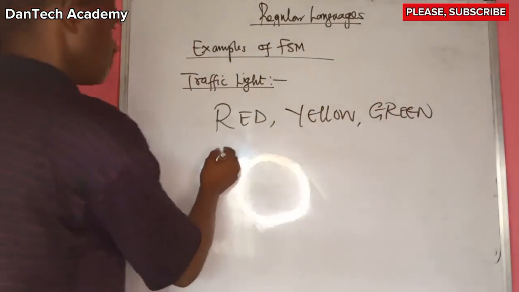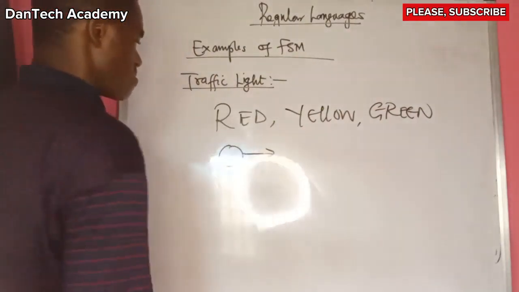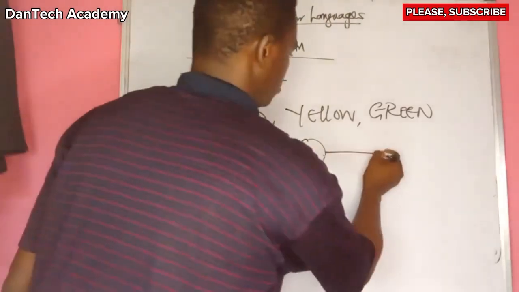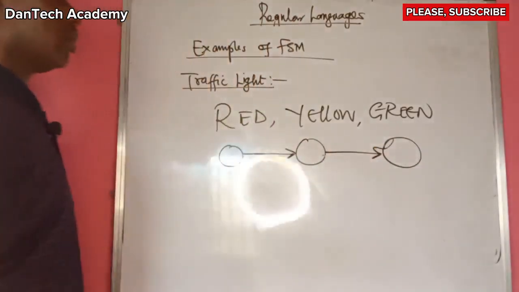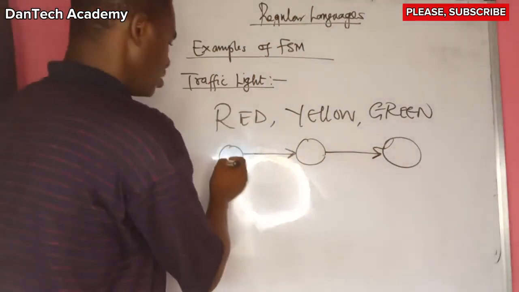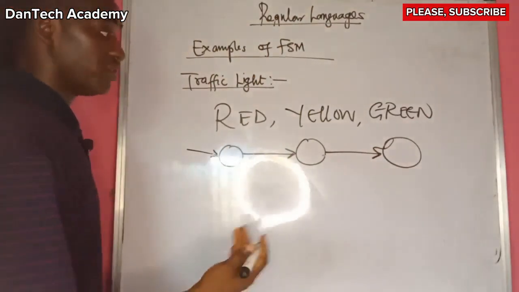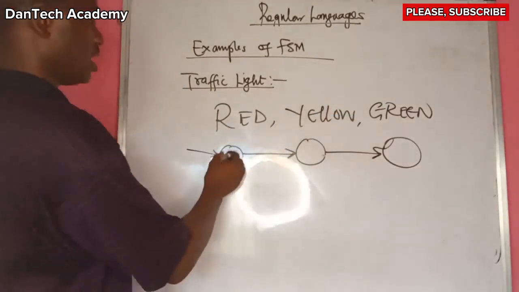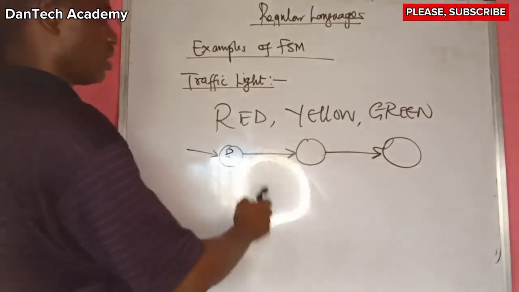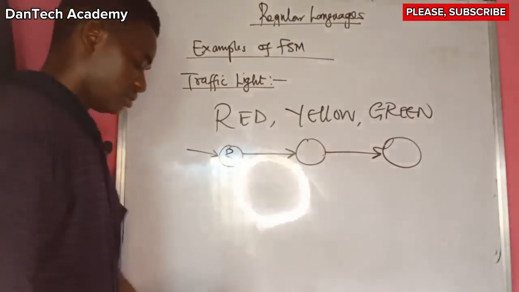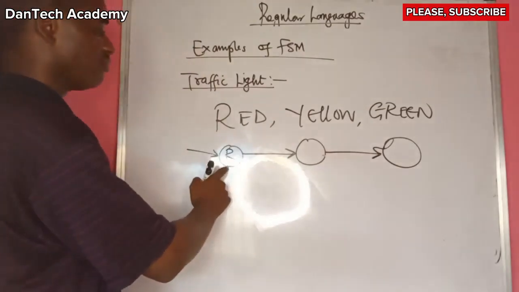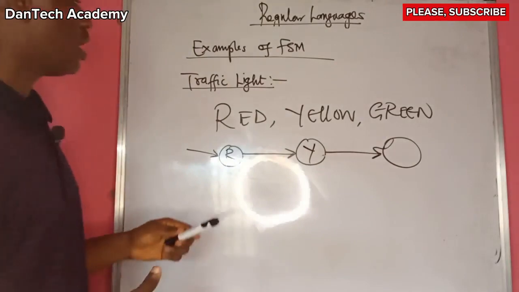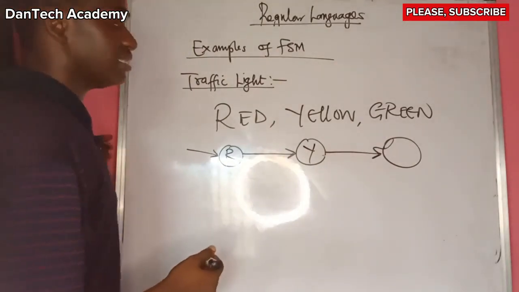Now look at this from this perspective. This is the red here. So we are using a DFA now to see how this works from state to state. If we have red here, what determines it moving from this state to the yellow state is the fact that a traffic light has a timer counting down to 0.